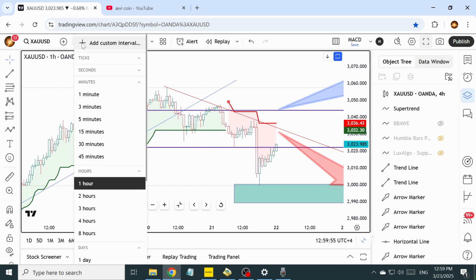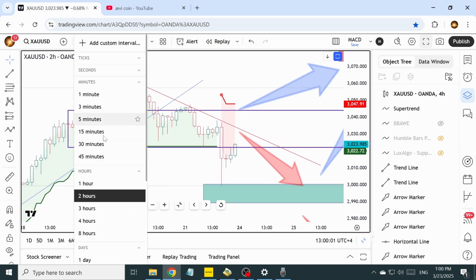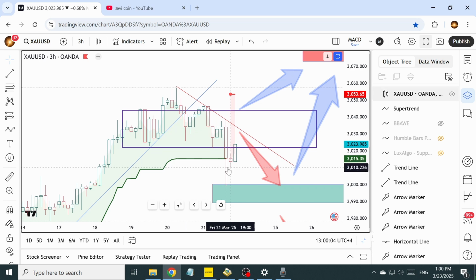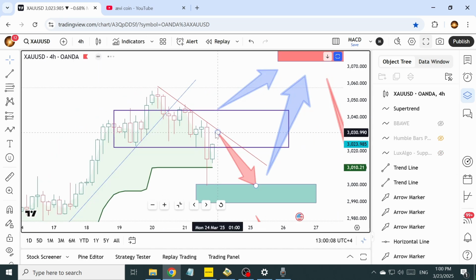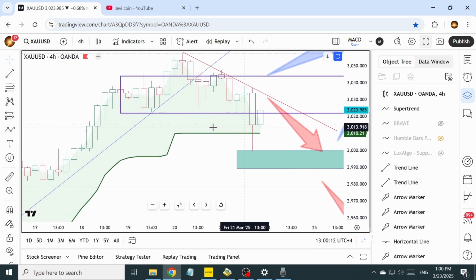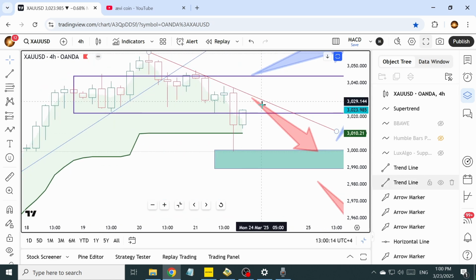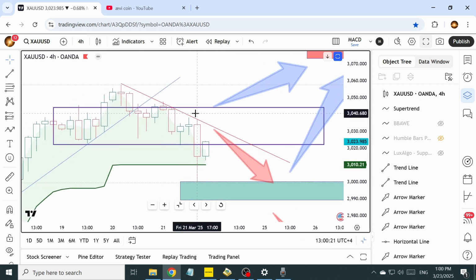For the 1 hour time frame and 2 hour time frame, it's on sell. The 3 hour time frame is also on sell, and now the 4 hour time frame holds, and we could see a second attempt for the market to change the super trend on the 4 hour time frame. And this is very important. I just want to clarify this.